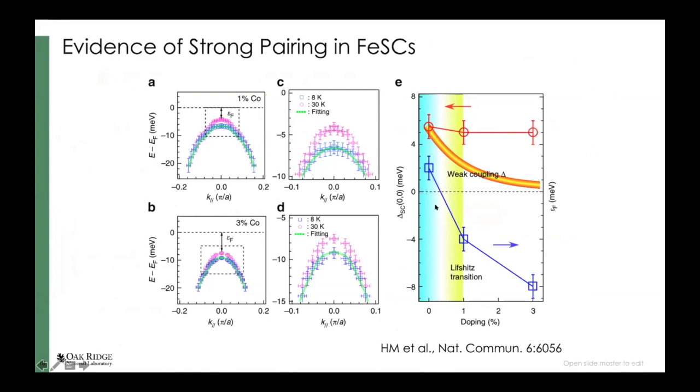So what we find is that even though the band does not cross EF, and in the weak coupling theory you expect the gap goes to 0, we still see a very strong pairing for those bands that do not cross EF. So all these results seem to indicate that for iron-based superconductors, you do need a strong pairing mechanism.